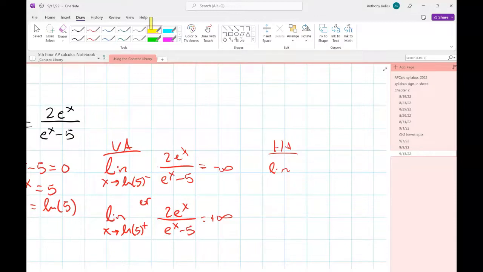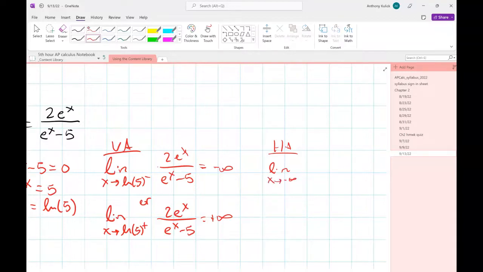So one of these two would be enough to show that this is a vertical asymptote. You don't need to have both. I did both because we're just being thorough. And if we're just looking at the graph, it wasn't much of a hassle. After you got one, you might as well get the other, right?